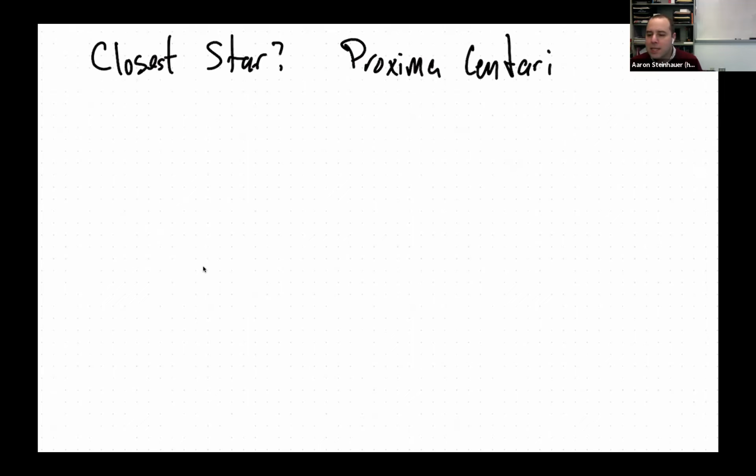Centauri, because it's in the constellation Centaurus, the Centaur, and Proxima just meaning closest. So Proxima Centauri is actually part of a triple system. There are 2 stars which are fairly bright, that orbit one another fairly closely, one of which is basically a solar twin. It's almost exactly the same mass as the sun.